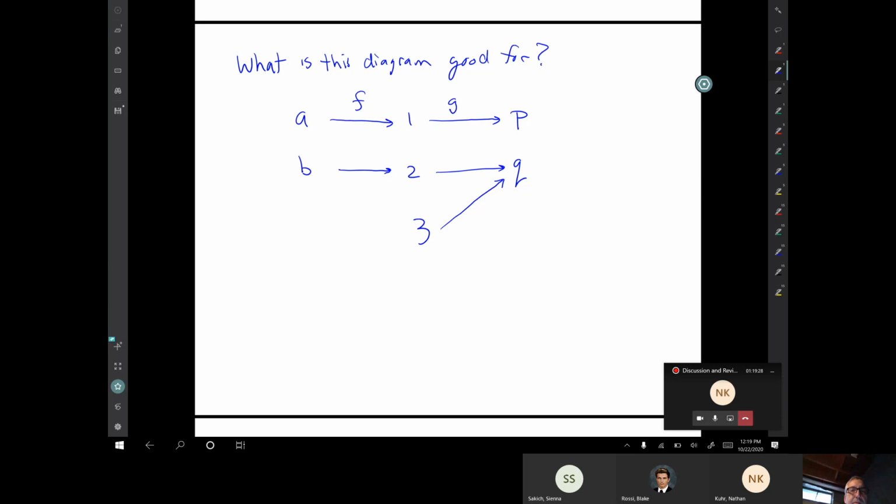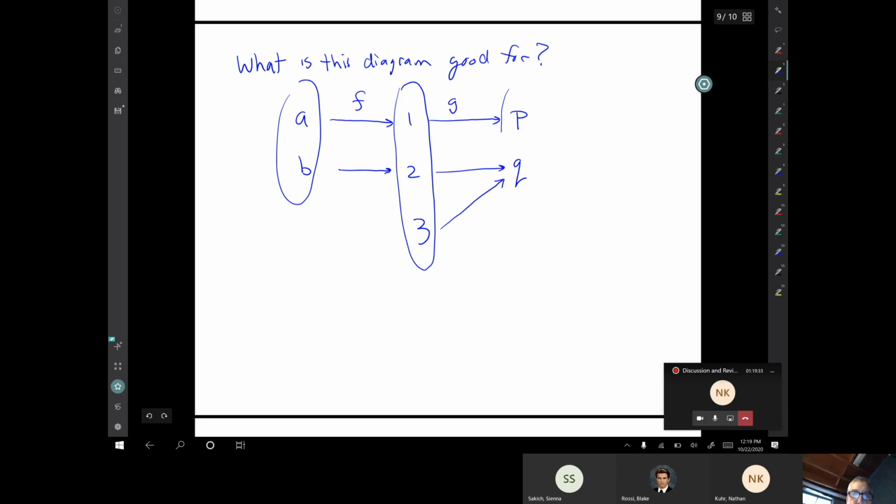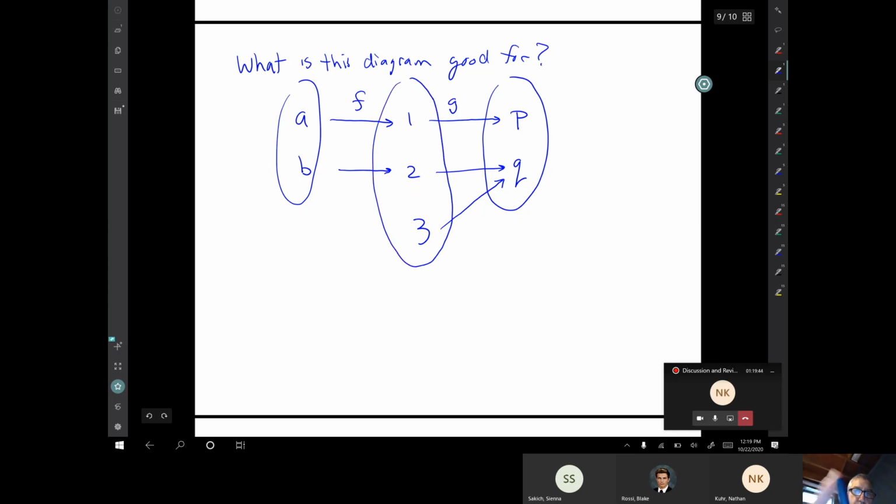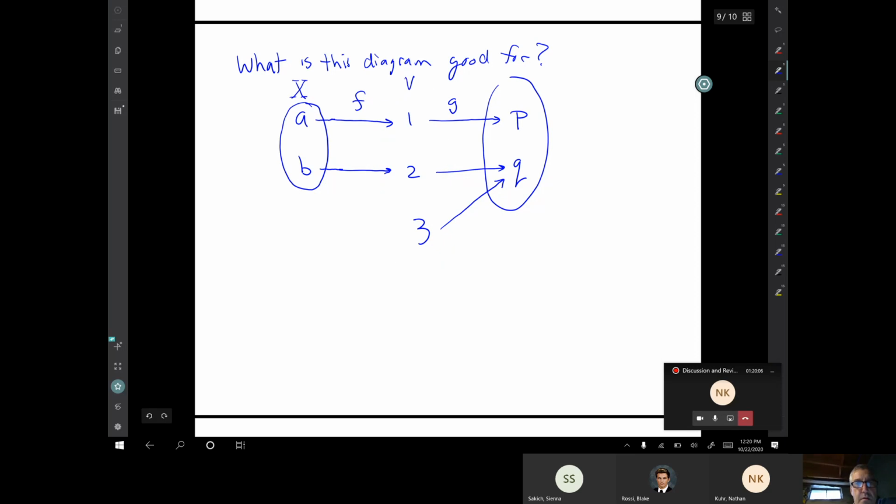This diagram got used a couple of times to prove different things. Can anybody remember what it was used for? Anybody want to weigh in?